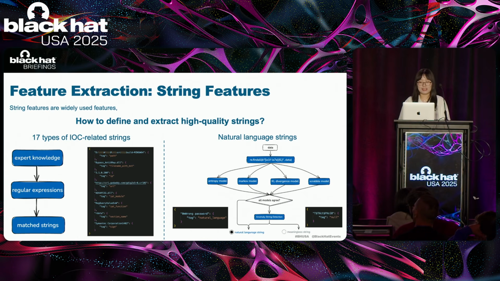We then collect all strings with a minimum length of 6 characters. To filter out meaningless strings, an NLP model is designed to identify natural language strings. Overall, the string features in LLMDYara are classed into two types. The first is IOC-related strings, and the next is natural language strings.